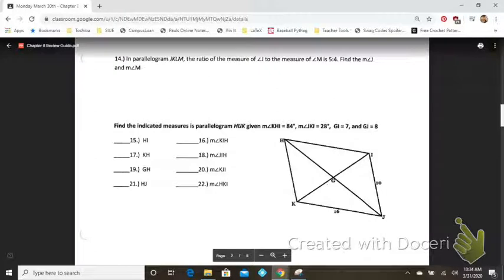All right, I also had people ask me about number 14. So 14, we will also be using our ideas of angles inside of a parallelogram. So still working with those properties. Let me make a new parallelogram.